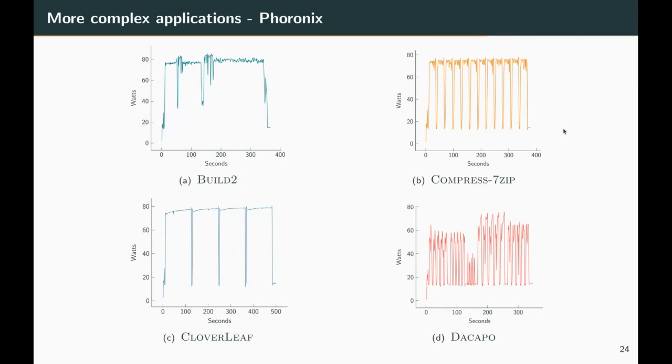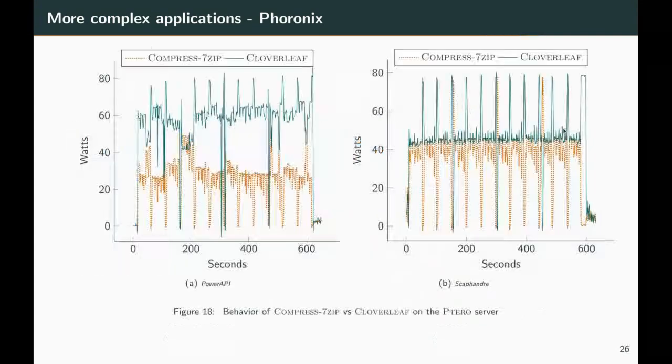The behavior of PowerAPI is a bit chaotic at the beginning because, remember, there's a learning phase, and it's a bit more stable here with Scaphandre. The model is coherent. But here we have spikes on the Cloverleaf, which we can explain because there's a drop in the energy consumption of compress 7-zip.